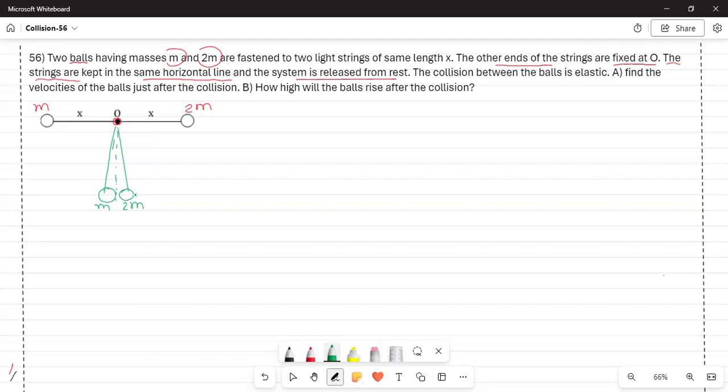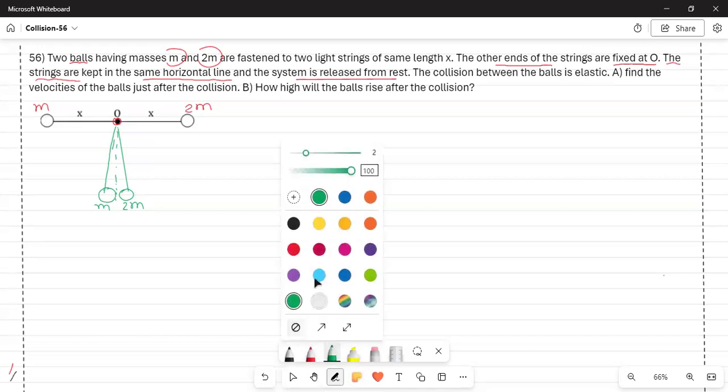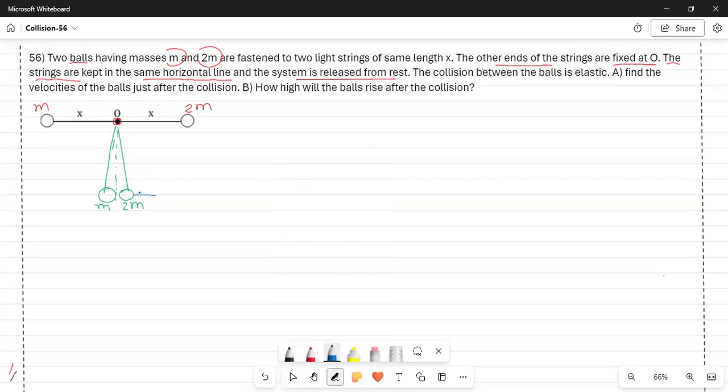And just before collision, the velocity, of course, will be horizontal. This velocity, say this is u, and this velocity also will be u. Why? Because both of them are falling from the same height.